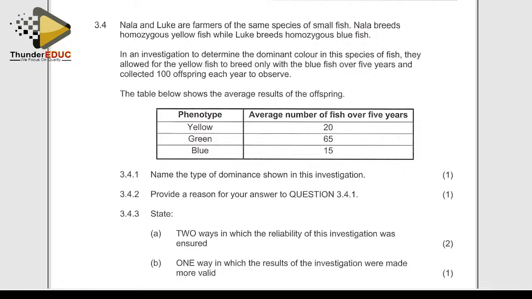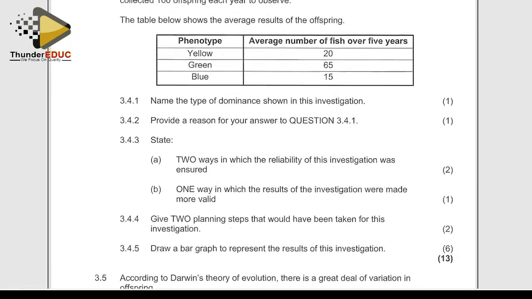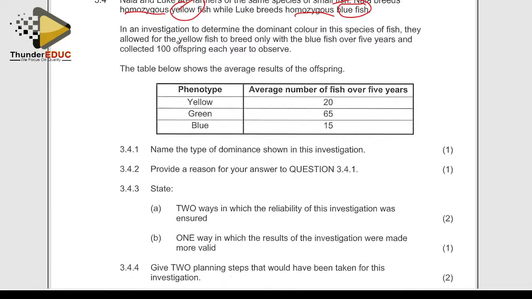The last question is: Nala and Luke are farmers of the same species of fish, small fish. Nala breeds homozygous yellow fish, while Luke breeds homozygous blue. In the investigation, determine the dominant color in this species.